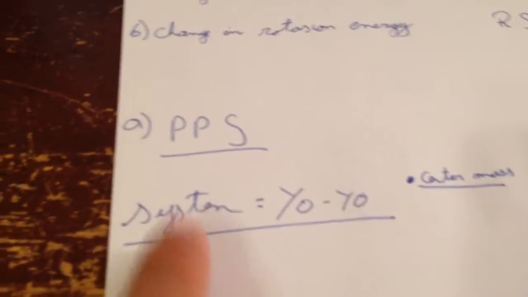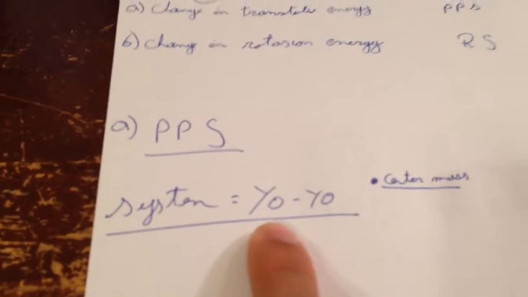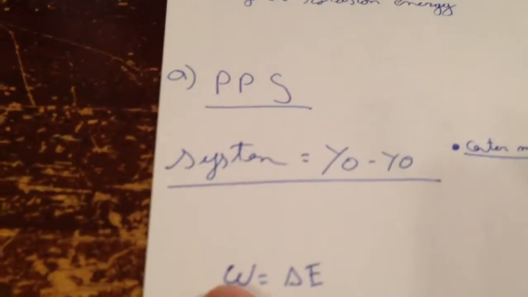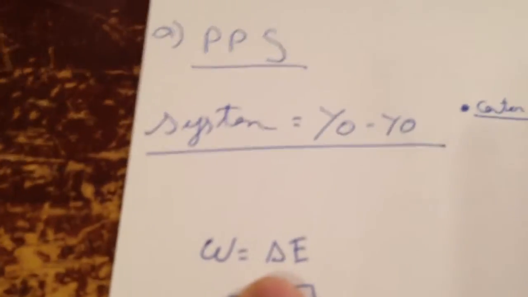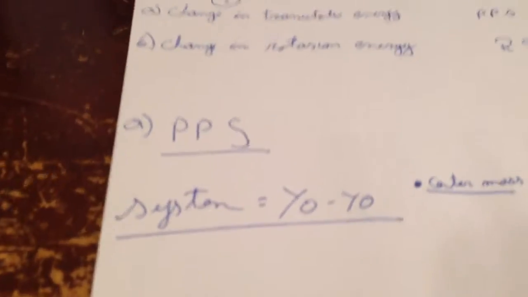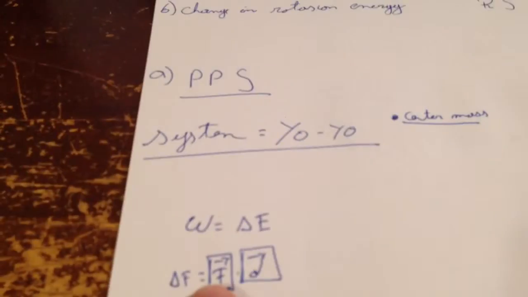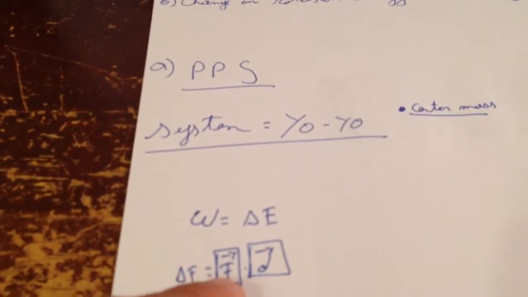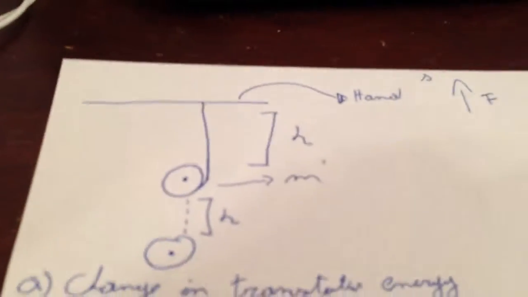So in part A, we're going to use the point particle system. And what is my system? Well, my system is the center of mass of my yo-yo. So I know that work equals the change in energy, and I can define work as the net force times distance. So I know that the force is the two forces that are acting in my drawing. They're just two forces.